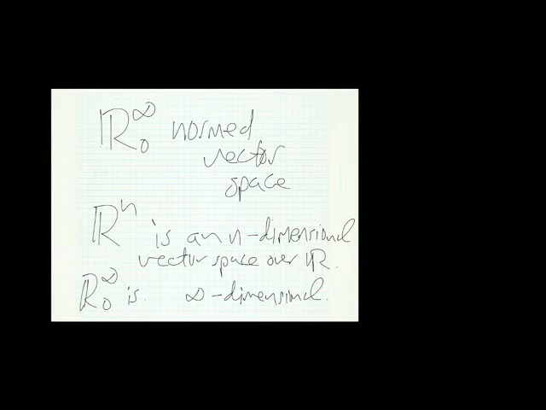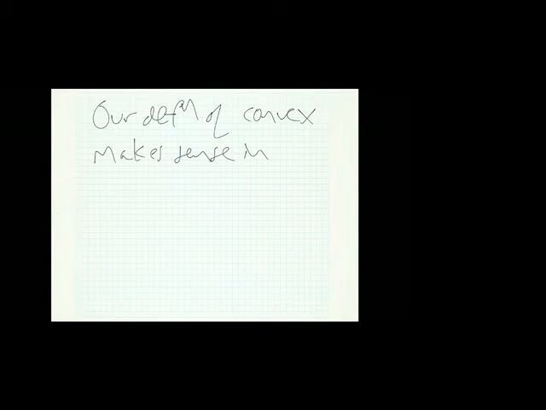Okay, one thing to note is that our definition of convex makes sense in any vector space. So we want to think back to some of the things we studied in topology. We have the definition of convex in R2. Actually, I gave you the definition of convex in R3 as well, very early on, just in terms of what a line segment is. Our definition of convex makes perfect sense in any vector space.